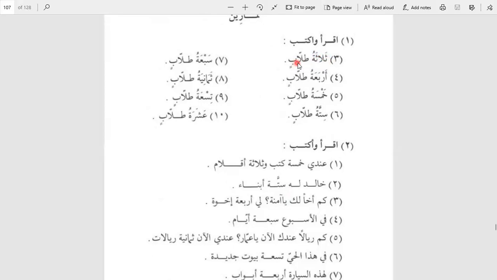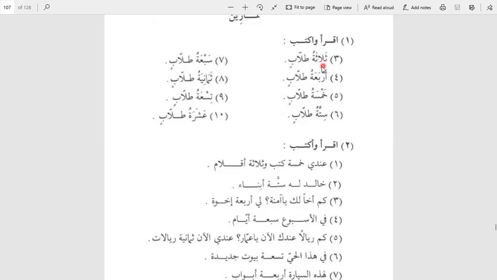So when the maudud is mudakkar, the adad is mu'annath. So they always work in opposite. So this is through 3 students. Talatatu tulabin, arba'atu tulabin, khamsatu tulabin, sitatu tulabin, sab'atu tulabin, thamaniyatu tulabin, tis'atu tulabin, asharatu tulabin.